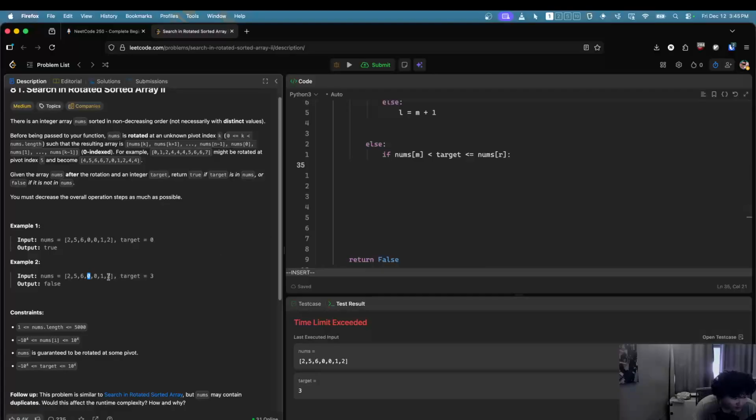So 0 is less than 3 and r is not. That actually would be the opposite case of the else case, right? So if that's the case, then we need to move, I'm not sure, actually, hold on, where do we move here?